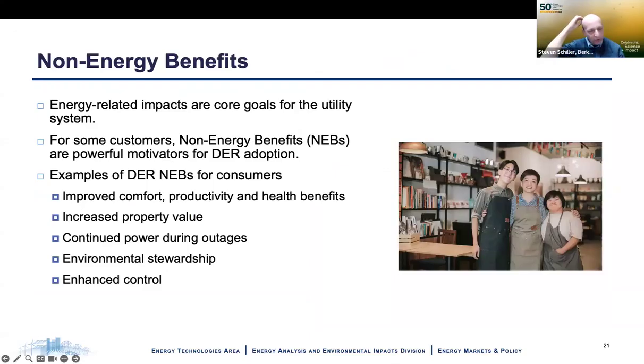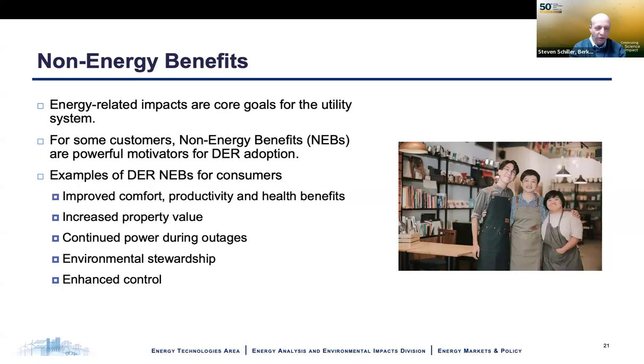Switching gears a little bit, another point I wanted to talk about is non-energy benefits. If you're looking to benefit the utility systems, the grid, the electricity and natural gas systems, most of us are going to be focused on those quote unquote energy benefits. But consumers participating in DER programs are often looking for other benefits beyond energy.